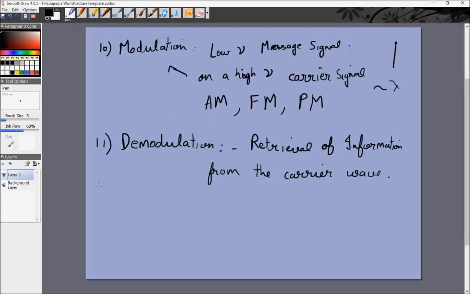And finally you have something called a repeater, which is a combination of a receiver and transmitter.